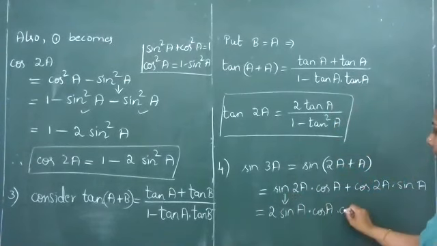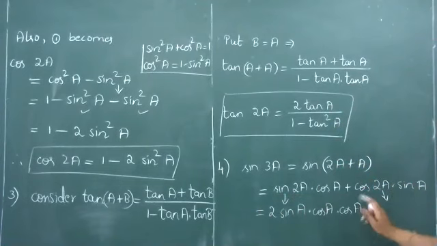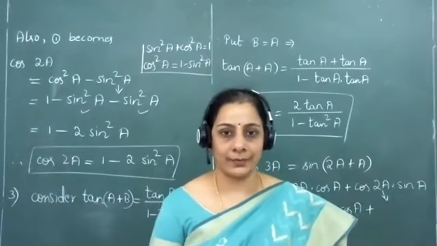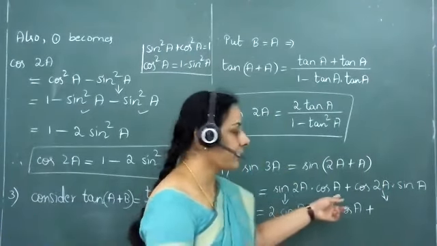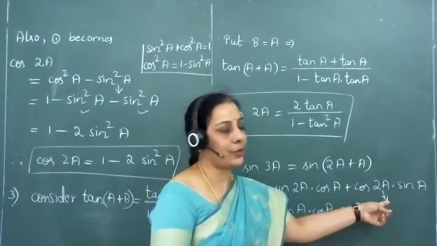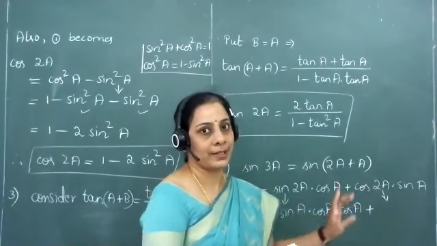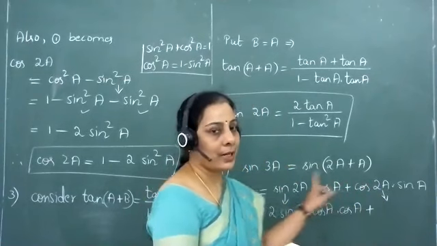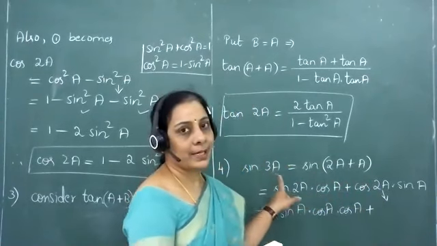This cos a we will keep it as it is plus cos 2a, the second formula. But remember, for cos 2a, there are three different expressions that we derived. So which will be the most suitable one here to replace for cos 2a? It is a very common question that arises. What should be replaced for cos 2a to get the formula for sin 3a?